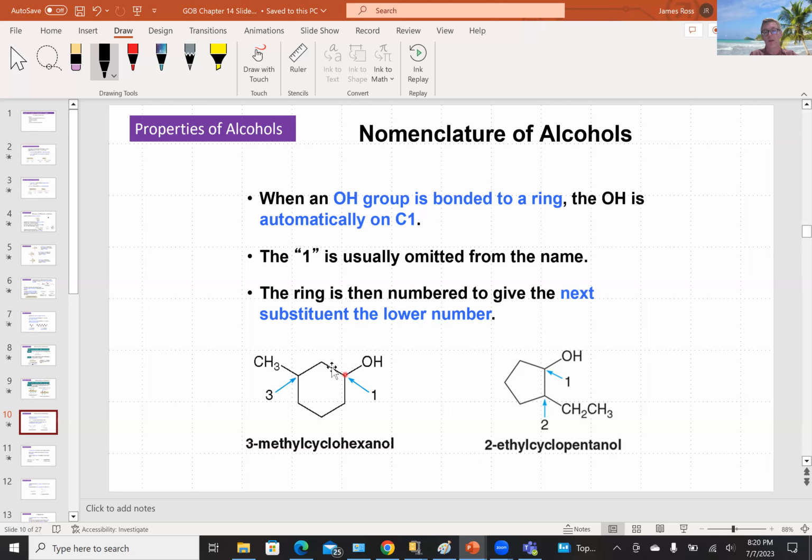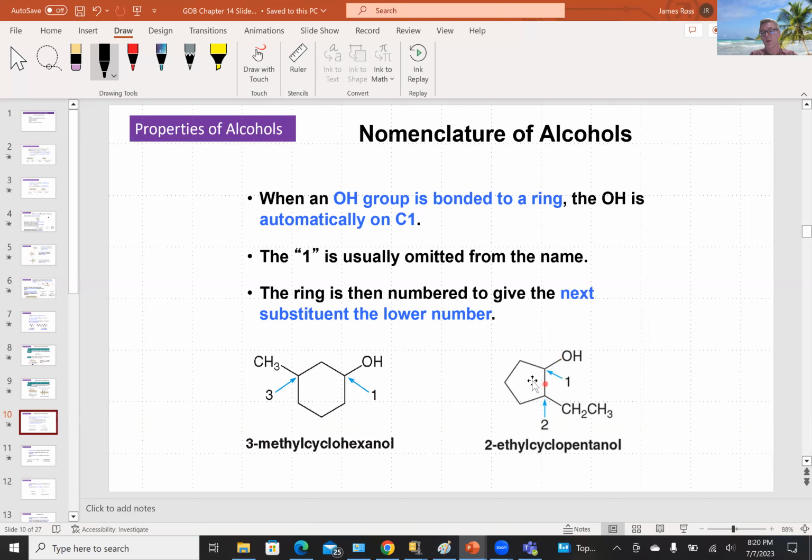With respect to it, we want to count either clockwise or counterclockwise to give the lowest possible numbers for the other substituents. Clearly, starting from carbon 1, I hit this methyl group if I go counterclockwise rather than clockwise, so it would be 3-methyl cyclohexanol in this case.